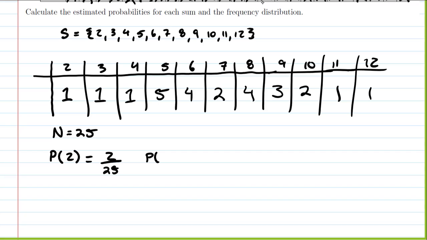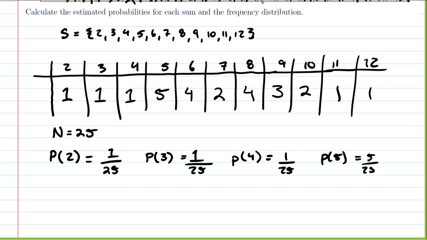So the probability of rolling a 2 is going to be 1 over 25. The probability of rolling a 3 is going to be 1 over 25. Our experimental probability of rolling a 4 is also going to be 1 over 25. The experimental probability of rolling a 5 is going to be 5 out of 25, or 1/5.